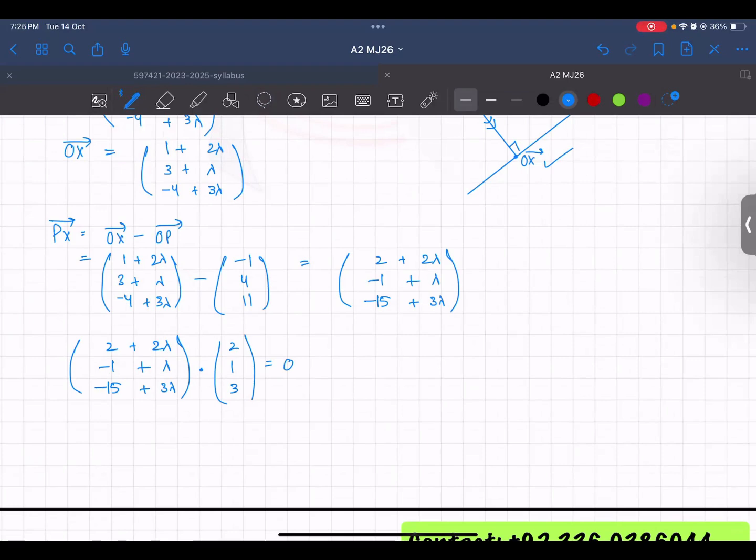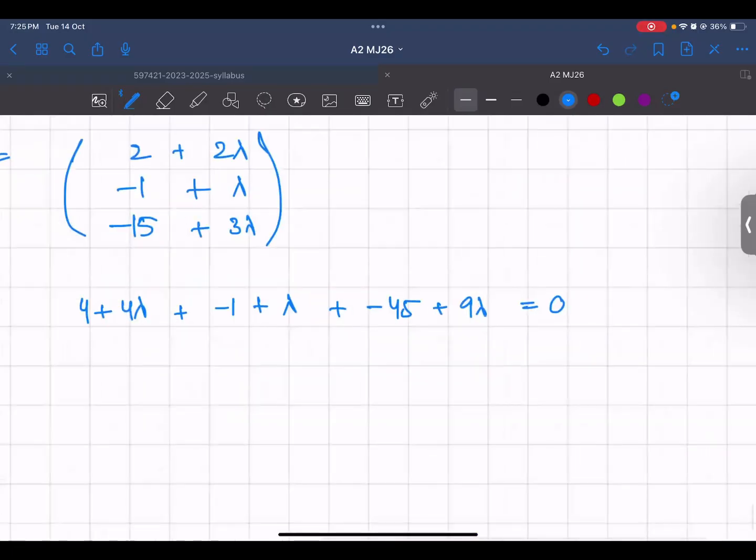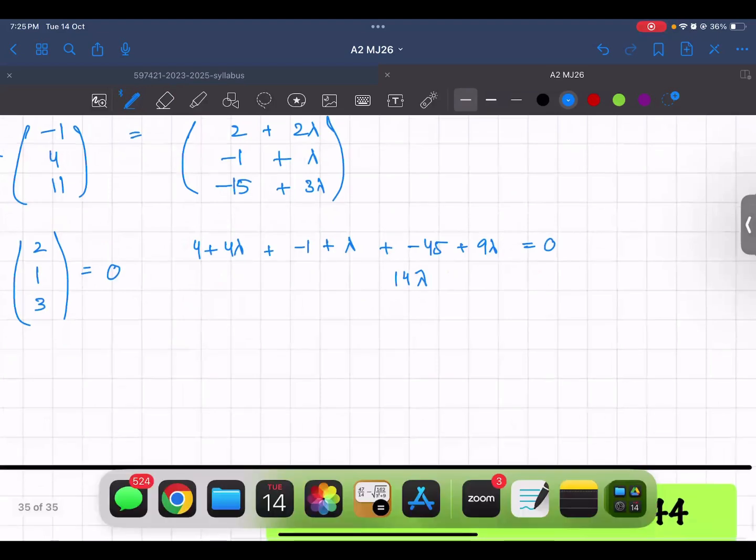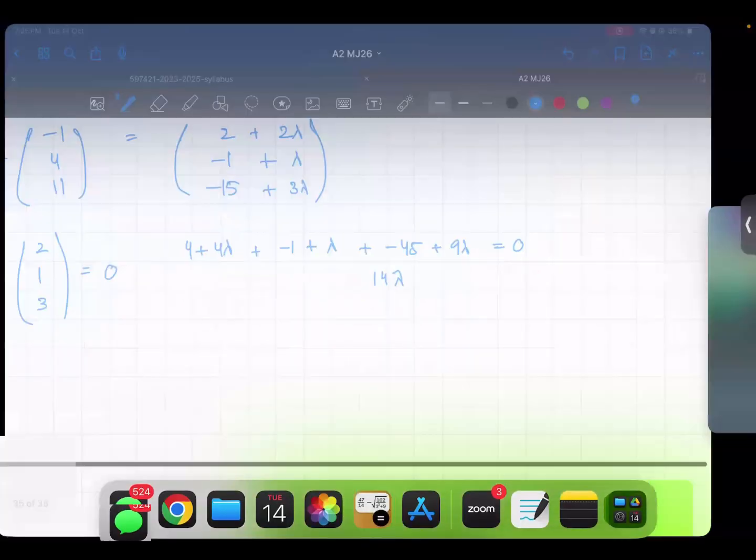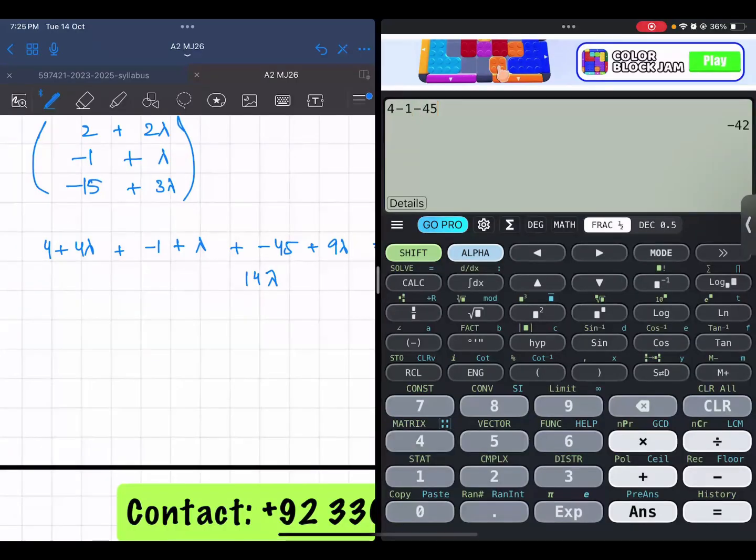You would solve it. 2 times 2 plus 2 lambda is 4 plus 4 lambda, plus minus 1 plus lambda, plus minus 45 plus 9 lambda, equals 0. Solving this, 4 lambda plus lambda plus 9 lambda becomes 14 lambda, and 4 minus 1 minus 45 is minus 42, equals 0.